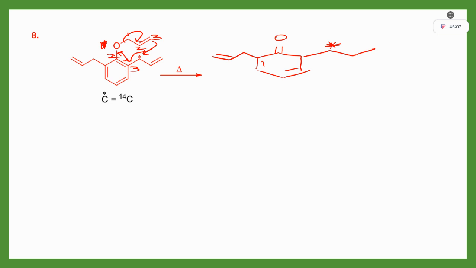This is your C14 labeled carbon. Basically, it is an isotope of carbon. Just to have a glance at the mechanism. I hope things are clear till this point. Okay.